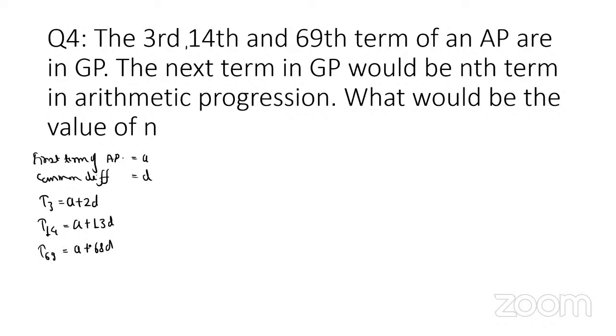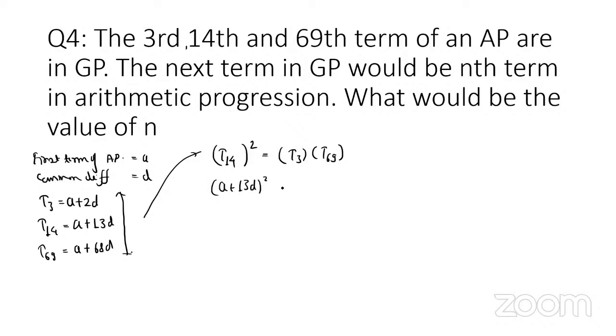Now, guys, if I try to solve this, we know that these terms should be in GP, right? So we can say that if these terms are in GP, the square of the middle term should be the product of the first and the extreme terms, right? So T14 squared should be T3 times T69. Now T14 is a plus 13d, squared.